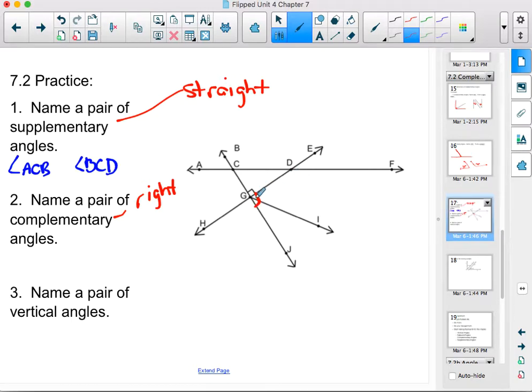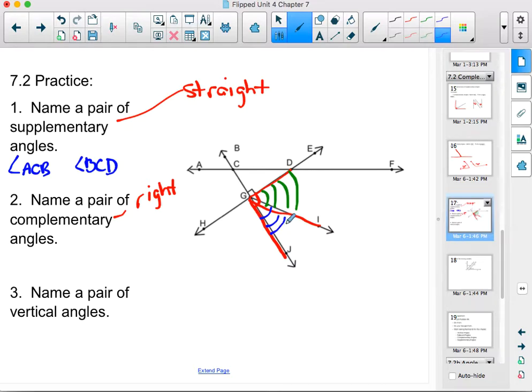Now, if I look at this right angle, angle DGJ, see how that's a right angle, but we're also splitting it with ray GI? Ray GI splits that right angle into two smaller angles. The first is angle DGI, and the second is angle JGI.